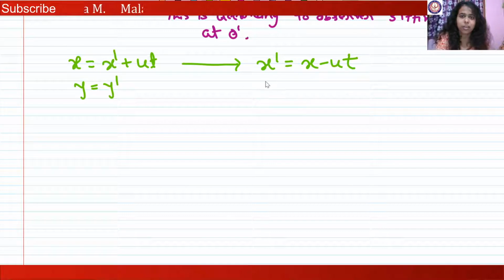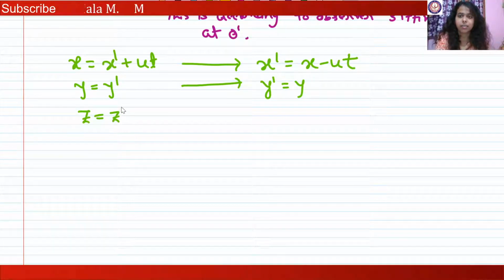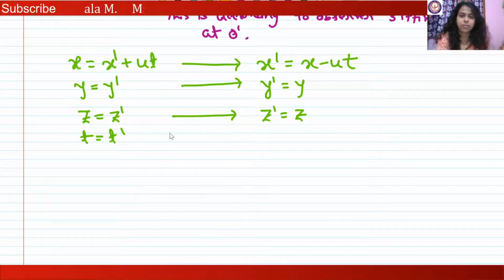Y is equal to y prime, simply rewrite y prime is equal to y. Z is equal to z prime, we will simply rewrite z prime is equal to z. And t is equal to t prime.